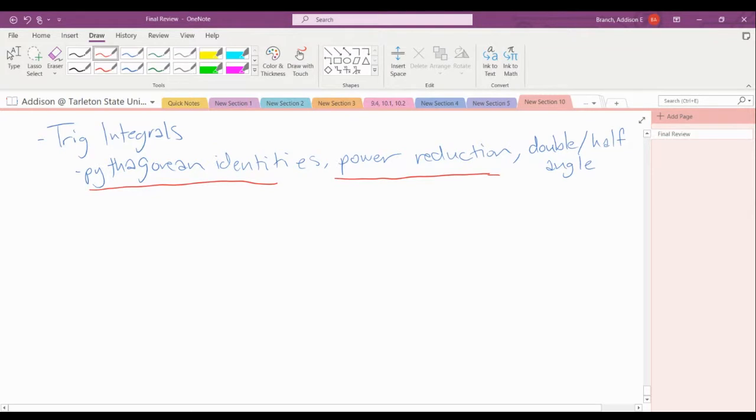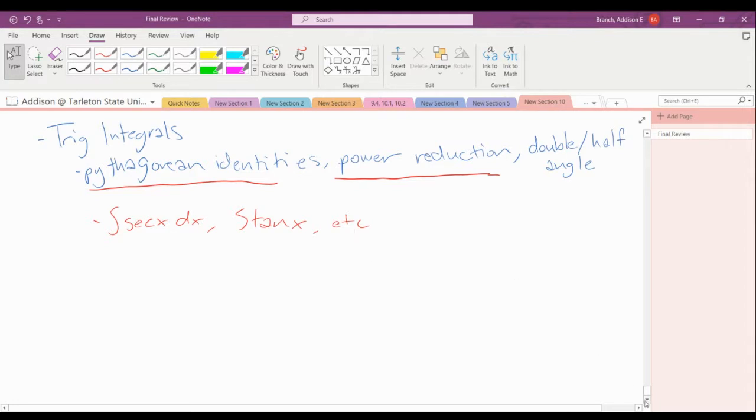The other things you also need to pay attention to are those new integral formulas that we memorized, such as integrals of secant, tangent, and they could potentially give you cosecant, cotangent. They could throw that out there, but you're more likely to see secant and tangent on there.